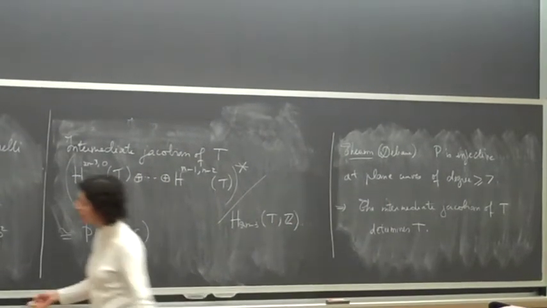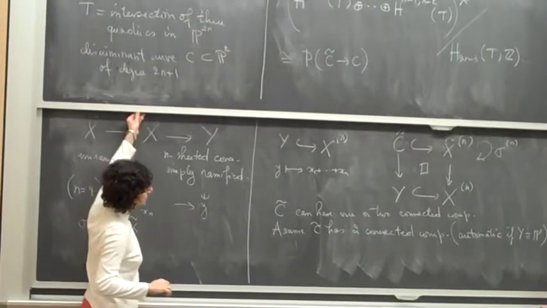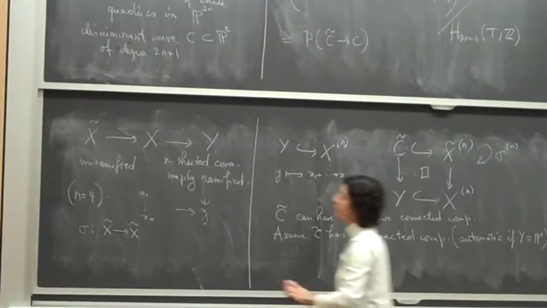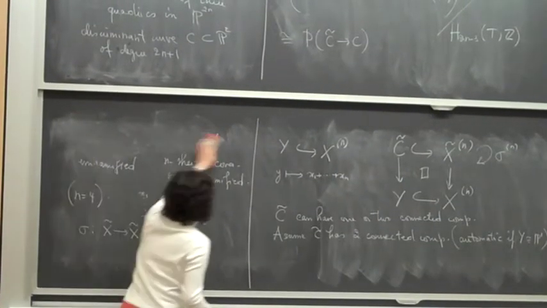Okay. And in general, I guess Torelli in higher dimensions has got to do with Hodge structures. For those people who are coming to my second talk, this will be helpful.